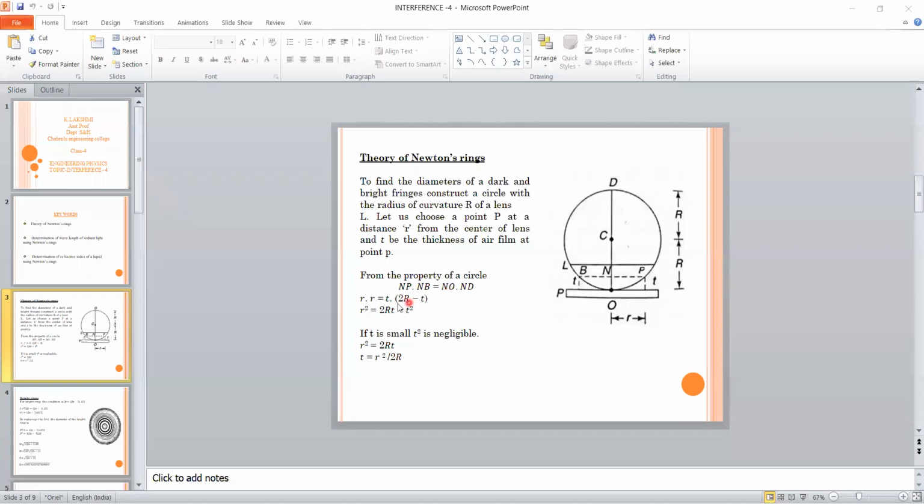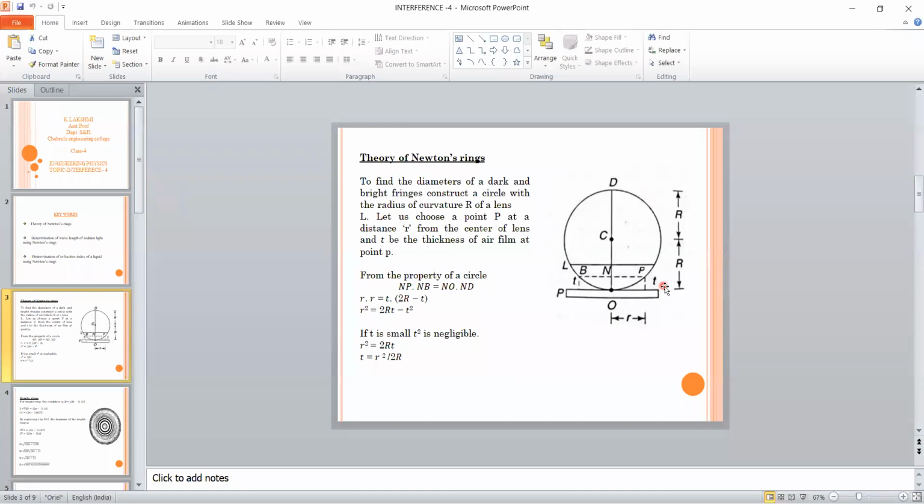Now substitute the NO value here, that is t. Then what about ND? The distance OD is nothing but the diameter of this circle.